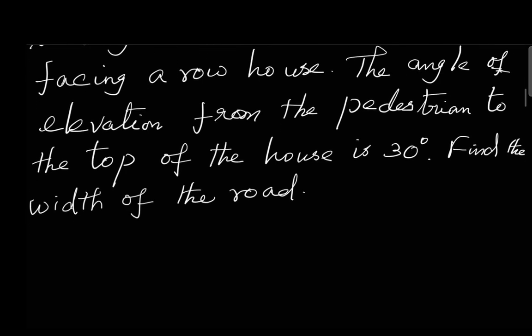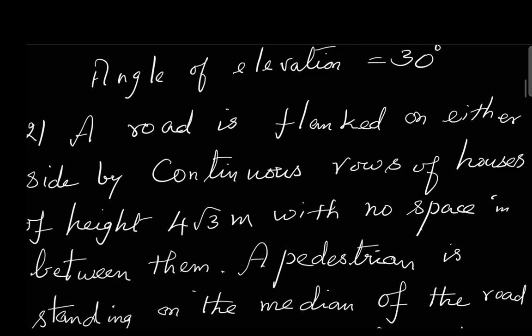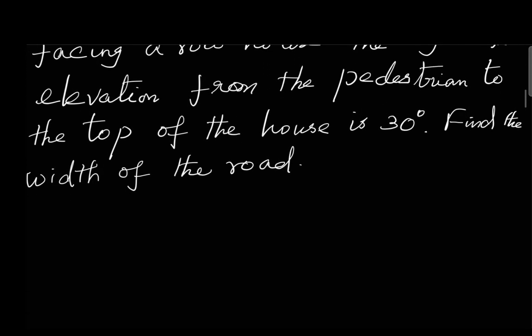See here, we have the road. On either side of the road, you have the houses, continuous ones. The person is standing in the middle of the road, the pedestrian here. That is what they mentioned as median.